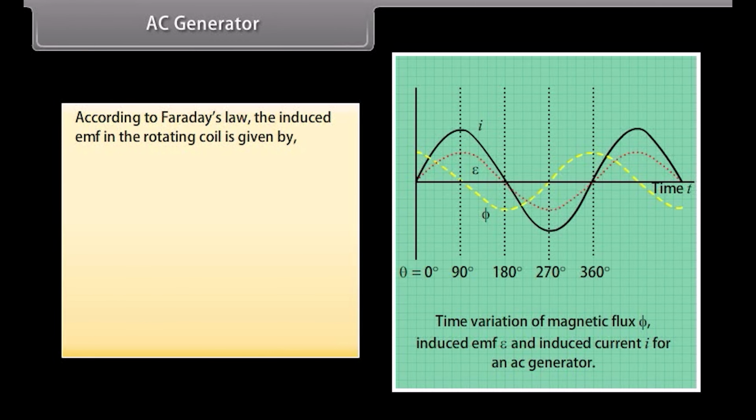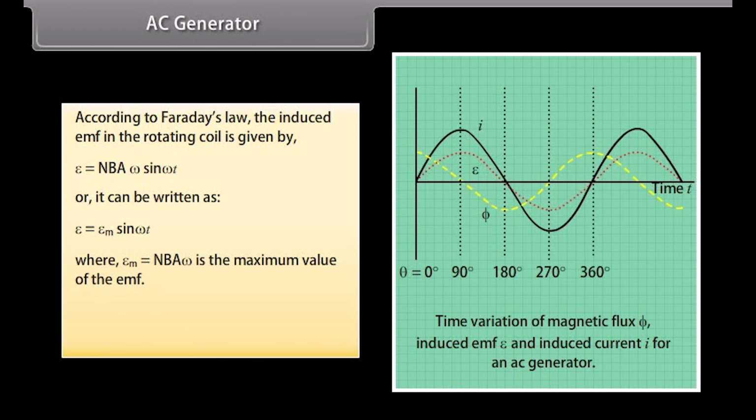According to Faraday's law, the induced EMF in the rotating coil is given by NBA omega sin omega t, or it can be written as E equals E_M sin omega t, where E_M equals NBA omega is the maximum value of the EMF. The induced EMF varies sinusoidally with time.